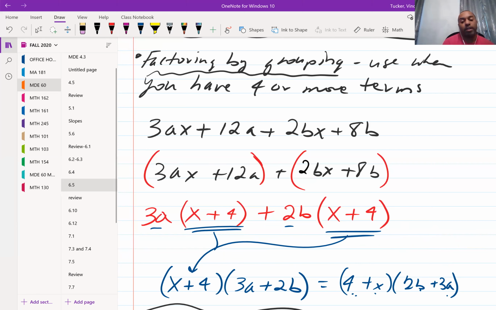And if you did everything correctly, you shouldn't get that anyway. If you had 3a plus 2b times x plus 4, that's the same thing as well. As long as what's in the two parentheses are the same, you're okay.